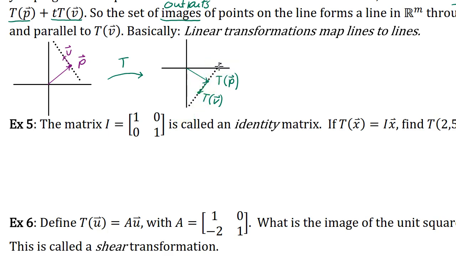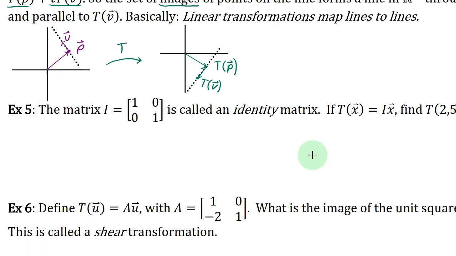So it keeps lines in place. That's sort of what makes them linear in some sense. And so we're going to use that fact here in a minute when we do example 6.